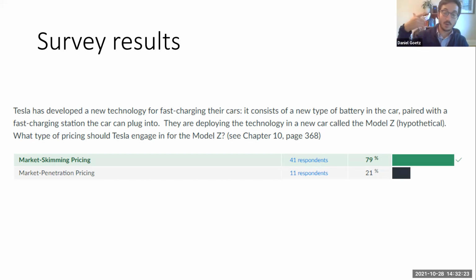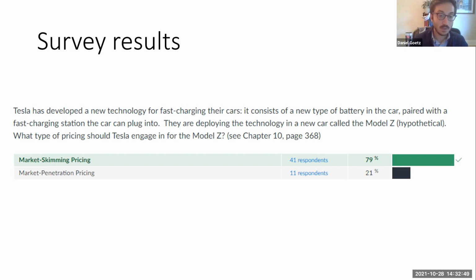So you have kind of a network feedback there. With penetration pricing, you can get more cars on the road and more charging stations out there. Once there are a lot of them out there, it's more valuable to have a Model Z because you can charge it almost anywhere. So then you can raise the price, right? So that's maybe a justification for penetration pricing.